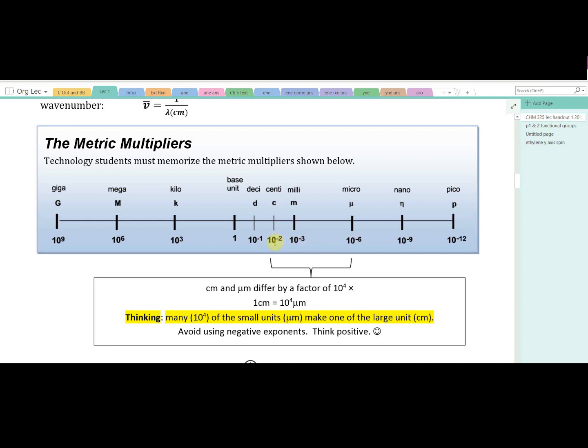They differ by a factor of 10 to the 4. We can say that 1 centimeter is 10 to the 4, or 10,000 microns. It's easiest to avoid negative exponents and just use positive exponents, so we can say it takes many, that is 10 to the 4, of the small units, microns, to make 1 of the large unit, centimeters.